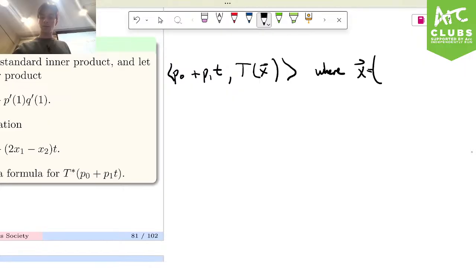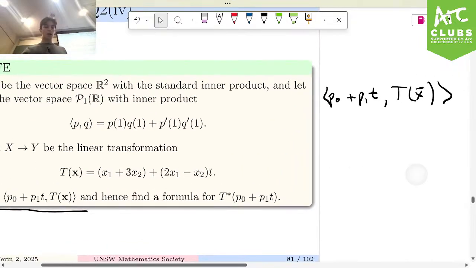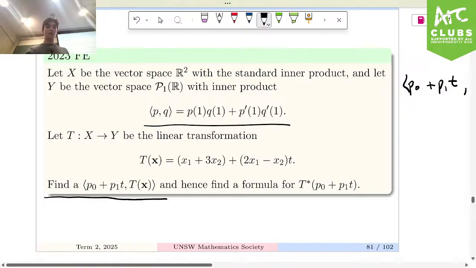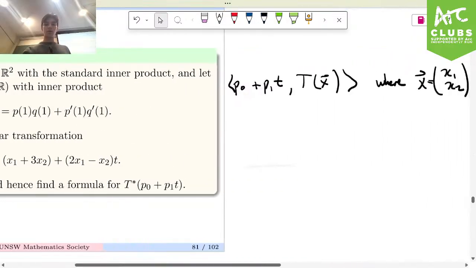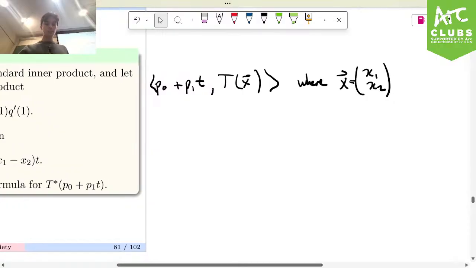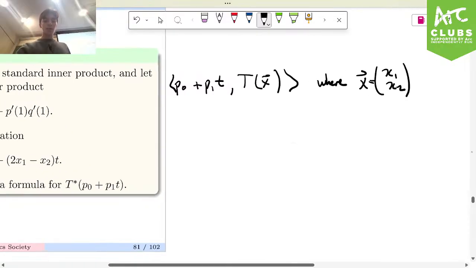Where x is this vector, x1, x2, and we are given the definition of the inner product on this space. It's a bit of a funny one. We haven't seen this before, but we can compute it.